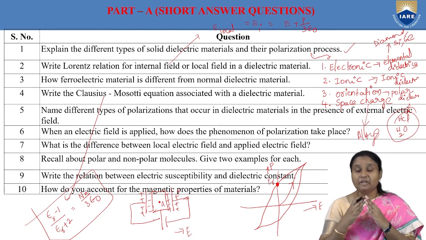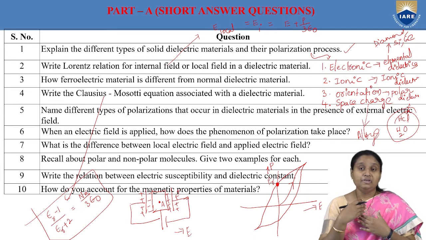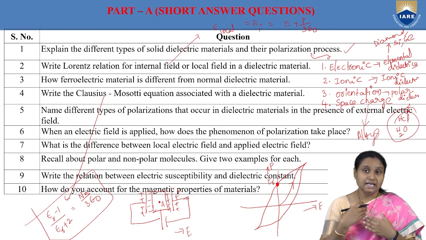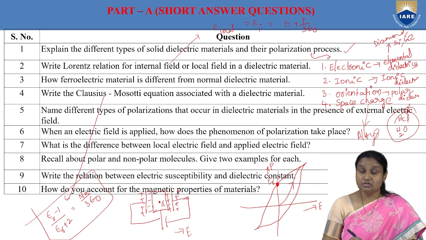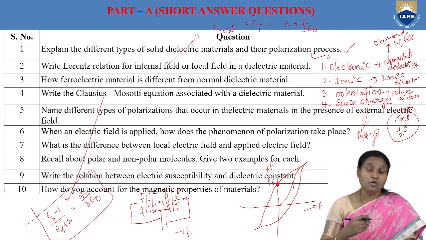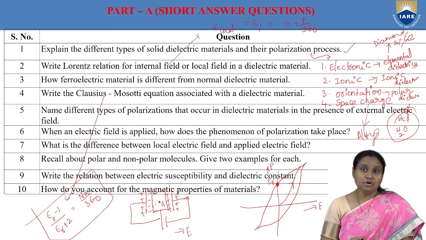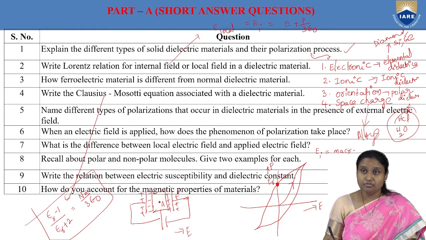Because of the polarization process, if we consider one point or an atom inside the dielectric material and find the electric field at that point, we observe that it is made up of a combination of microscopic and macroscopic fields. So the internal or local field is a combination of macroscopic plus microscopic fields.